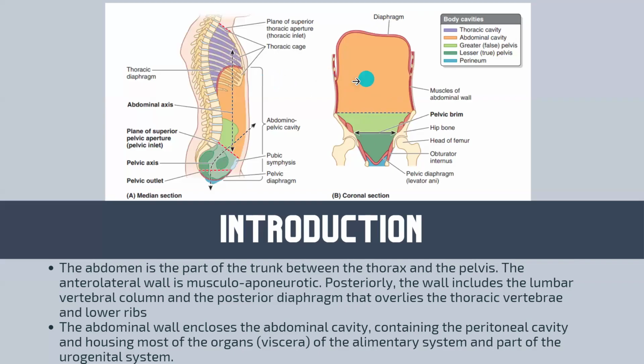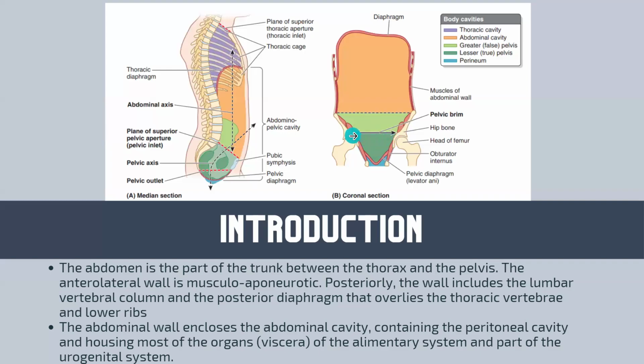Now you can see in these pictures, the anteroposterior and the lateral view, that there is a line here in the pelvis, and we will discuss that in later lectures. The pelvis has the true pelvis, which is here in the dark green color, below the pelvic brim, down to the perineum.